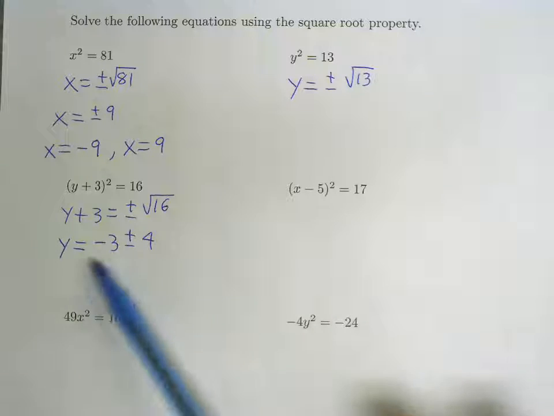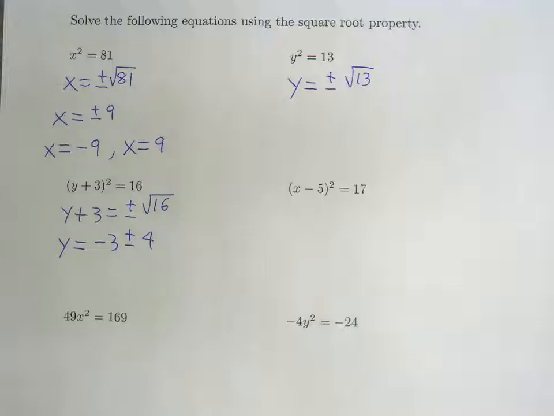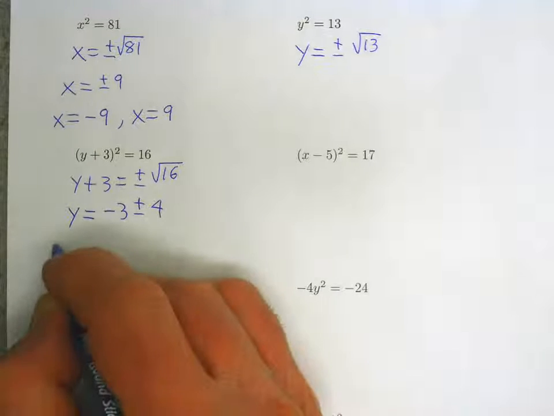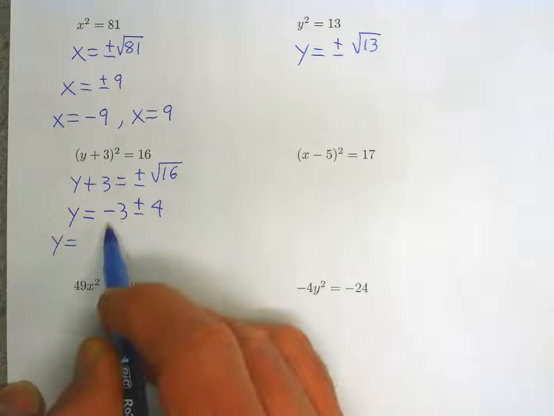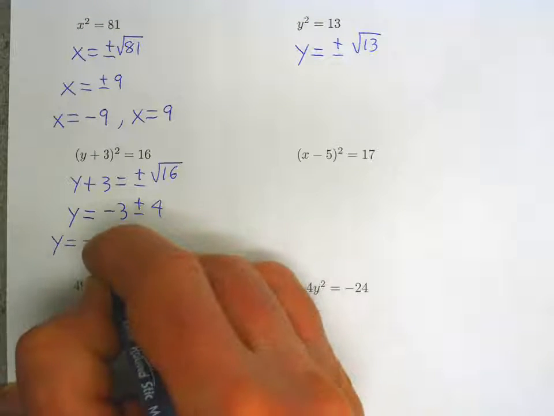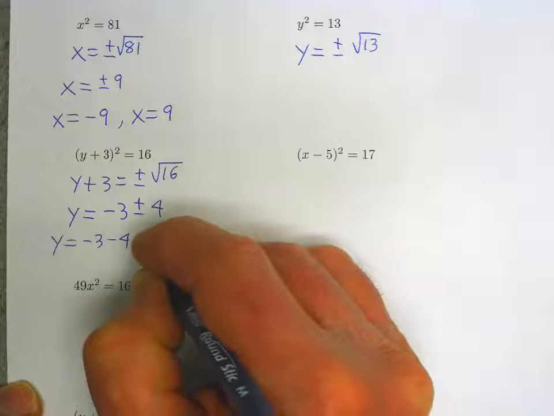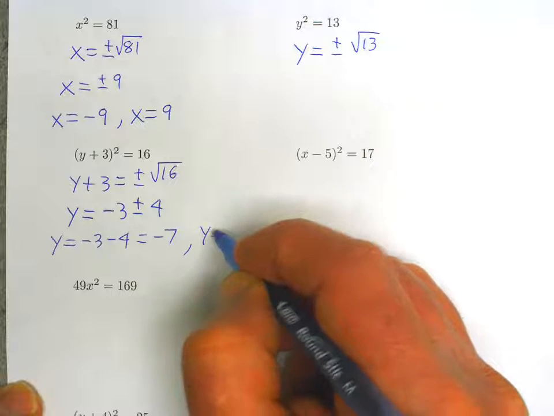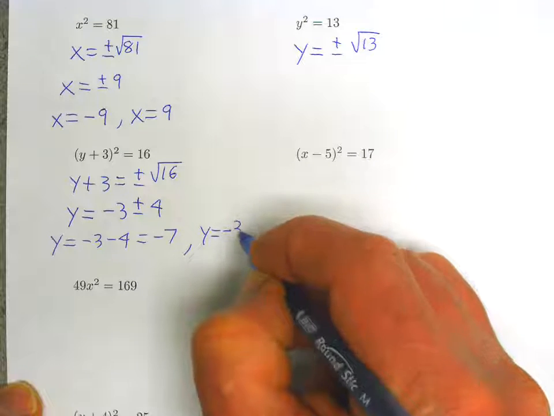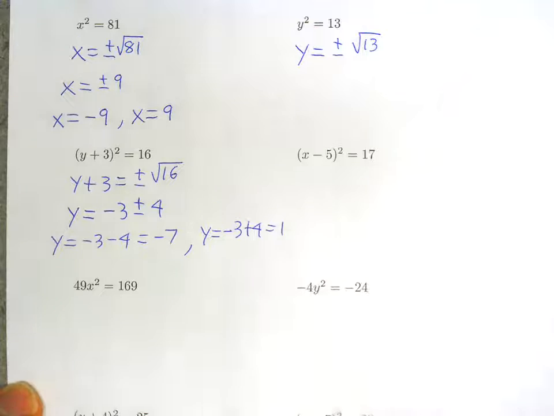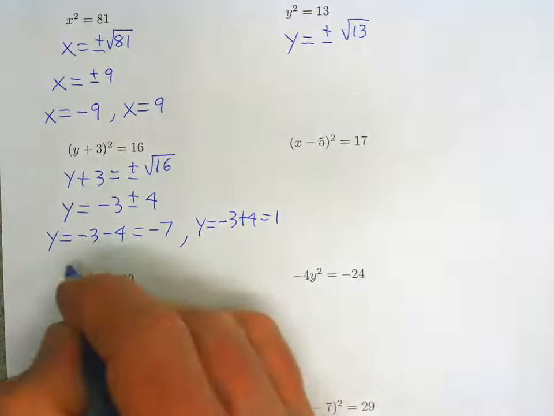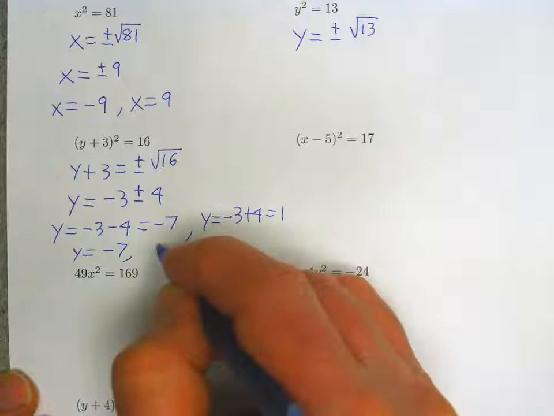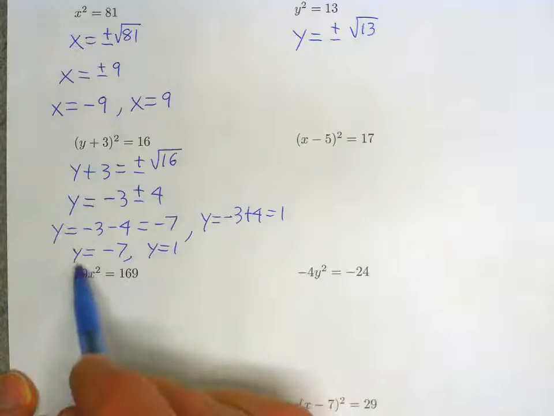But we can simplify further since both of those numbers are integers, so we have to simplify further and write the solutions separately. One solution is -3 minus 4, or -7. And the other solution is y equals -3 plus 4, which is 1. Okay, so to summarize, y equals -7 and y equals +1 are the solutions.